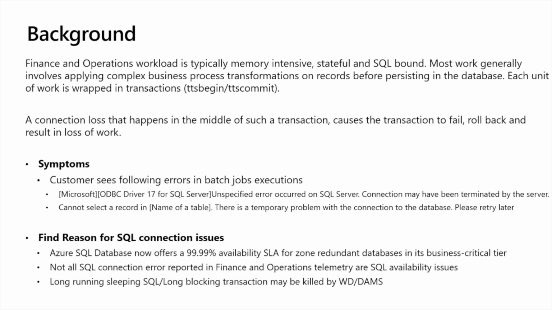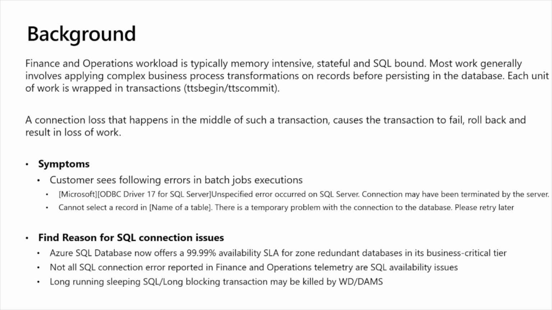If we see that the lead blocker is sleeping for more than 4 hours, to make sure that other operations go through, our auto monitoring and healing tool might in some cases kill the lead blocker. Even if you do that, you'll see similar behavior. So that's why I'm mentioning that if you suspect a SQL connection failure has happened, you need to verify that it's not a SQL outage.